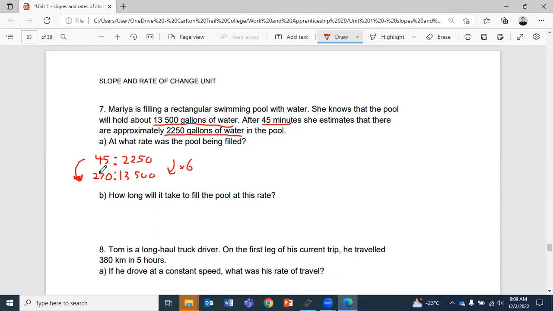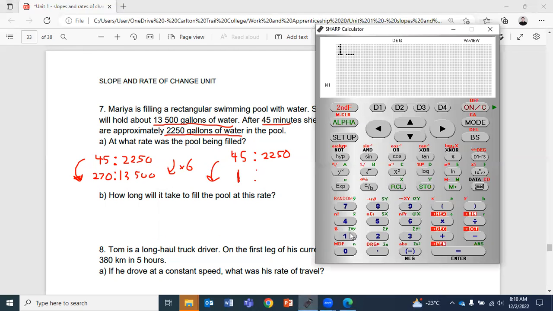Cool. I know that I can just times this by 6, but that's not what it's asking me. It's asking me, what about if this was 1 minute though, right? What if this is 1 minute? So I know that this got times by 1 divided by 45.